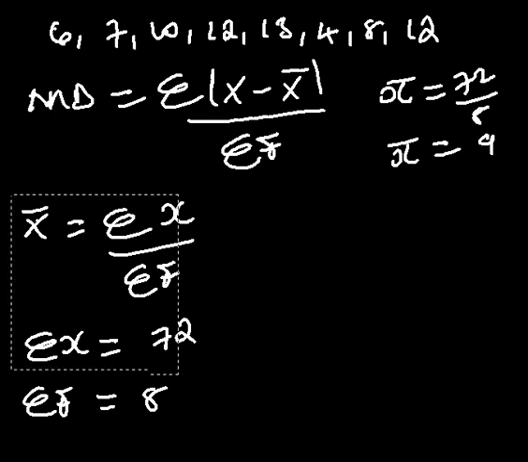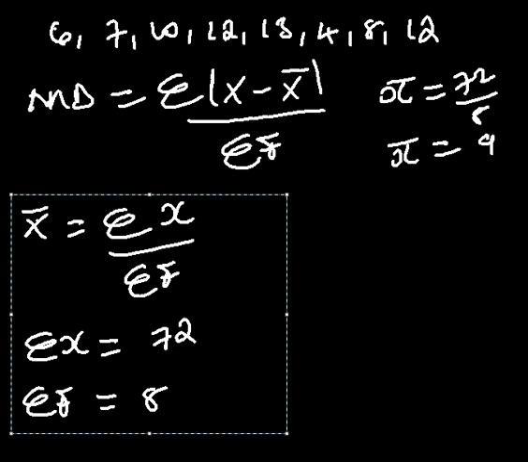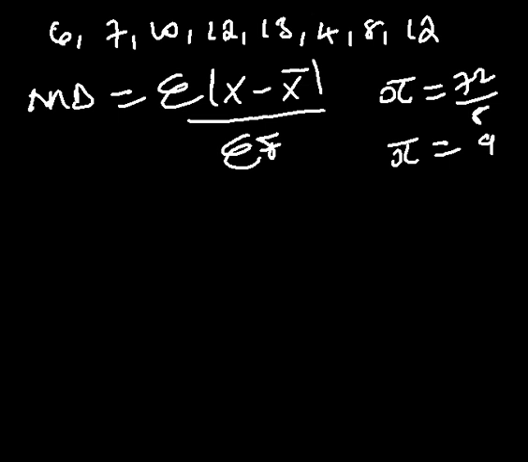Then we should present the table. In this case, we have the data value, which is x, and we'll have the mean, and we'll have x minus x bar, and we'll have the absolute value of x minus x bar.